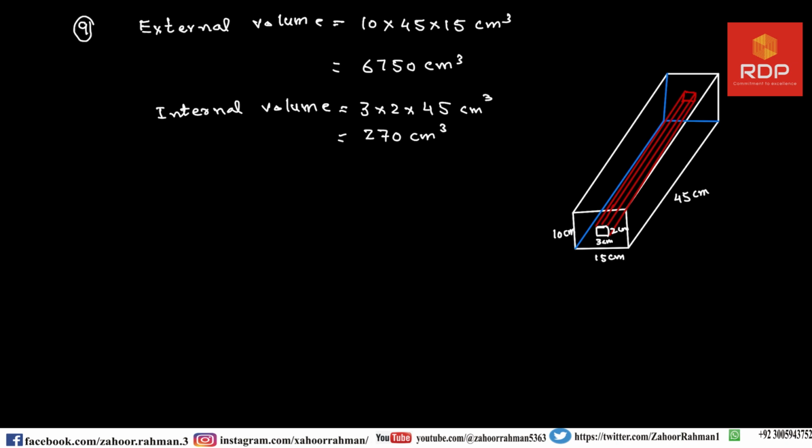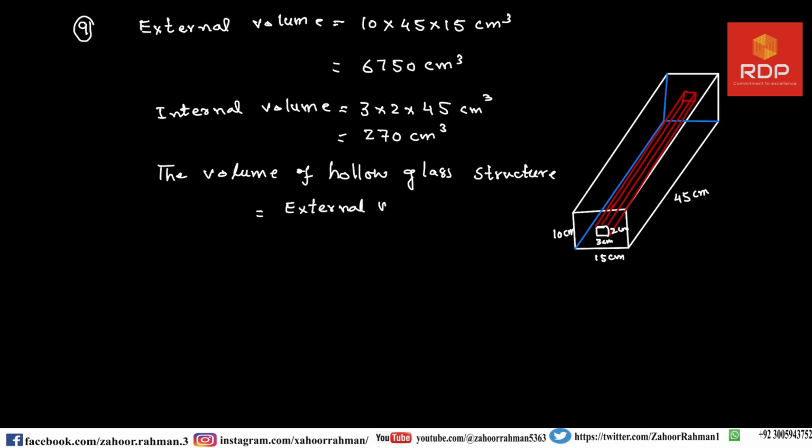Now the volume of the hollow glass structure is equal to external volume subtracted by internal volume.